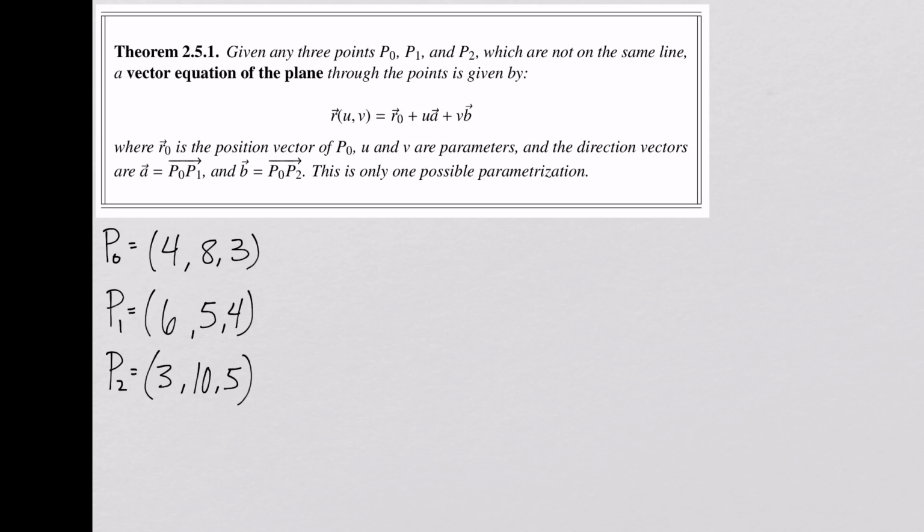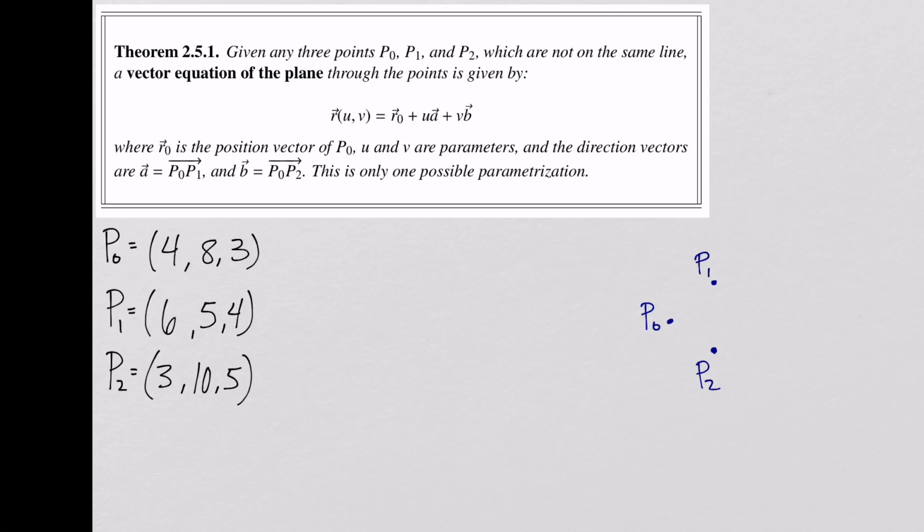Alright, so here's our example that we're going to focus on. We've got 3 points, P0, P1, and P2, and given these 3 points, which are not on the same line, we want to find this vector equation of a plane. The first thing that we're going to do is draw a little side sketch over here so that everyone understands what we have going on, right? We have 3 points in space, P0, P1, and P2, and we'll just put these points out here.